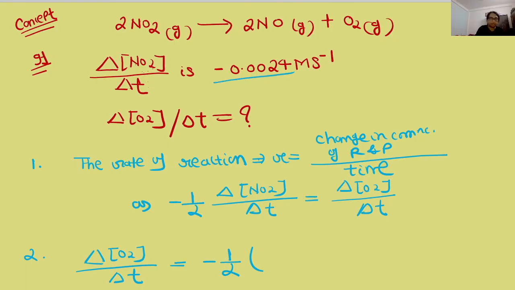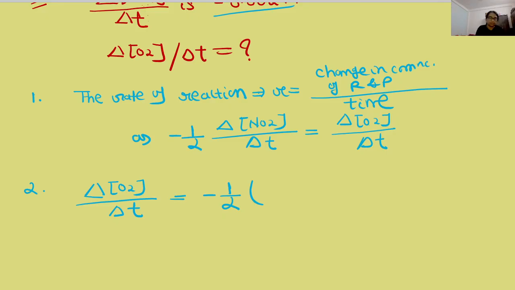We put the value in this formula: minus 0.0024. After calculation, minus minus cancels, and we get 0.0012.